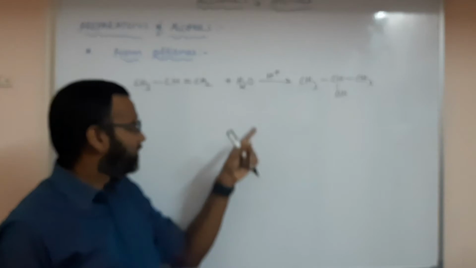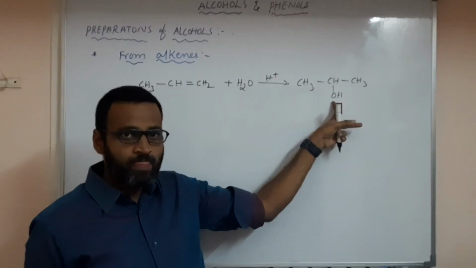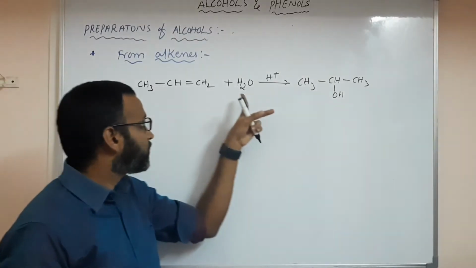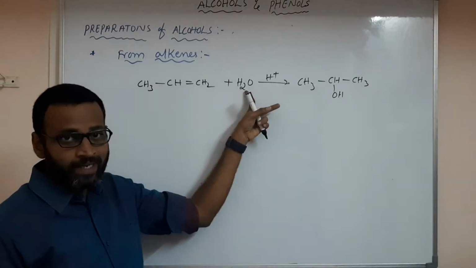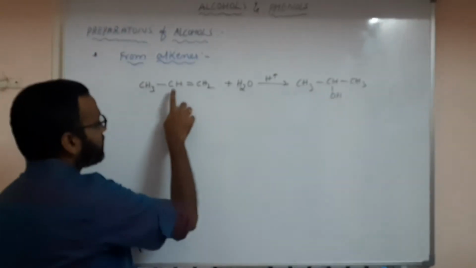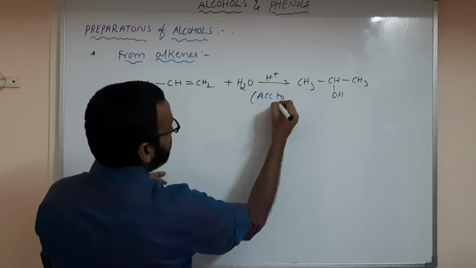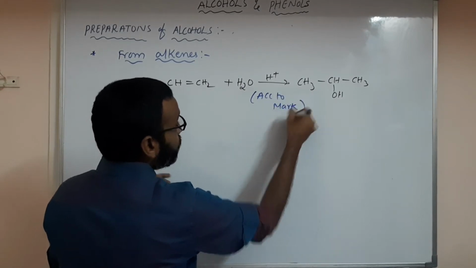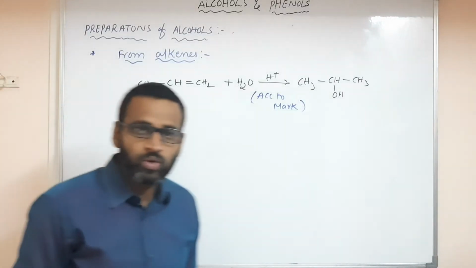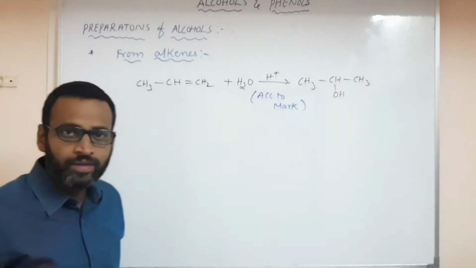Understood what happened? Here water is serving OH minus, and H plus came from here. Why is OH here only? According to what rule? According to Markovnikov rule. Got it, everyone?